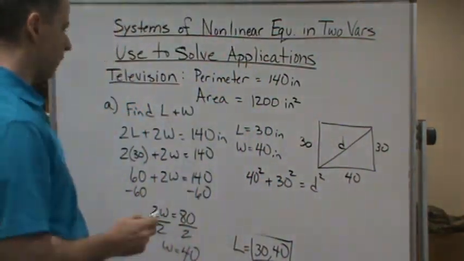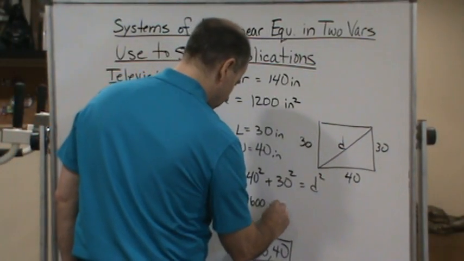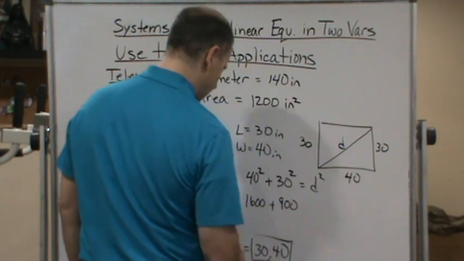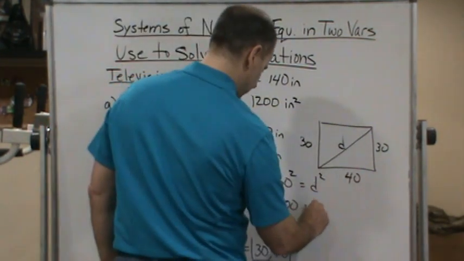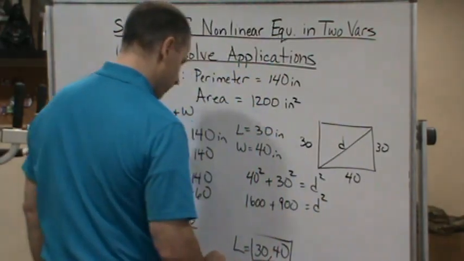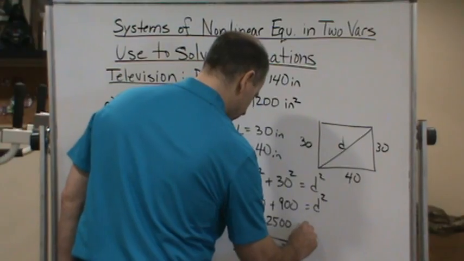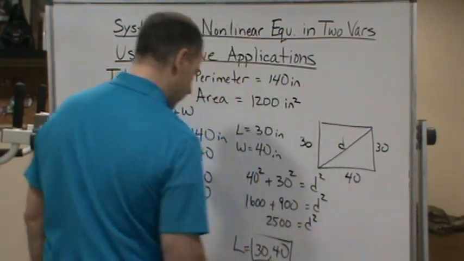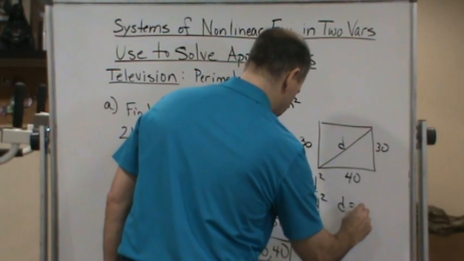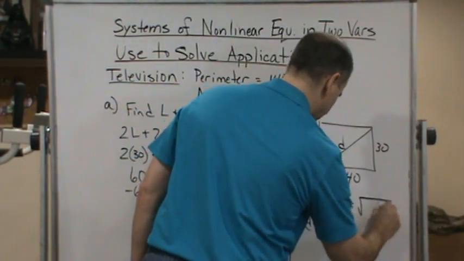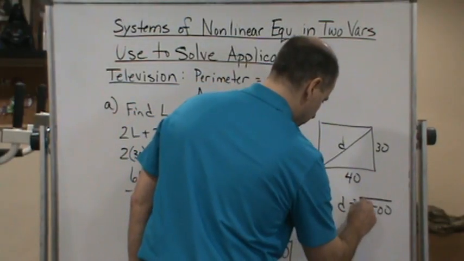squared. So this will be 1,600 plus 900 equals D squared, which is 2,500 equals D squared. If we take the square root of both sides, we get D equals the square root of 2,500, plus or minus.